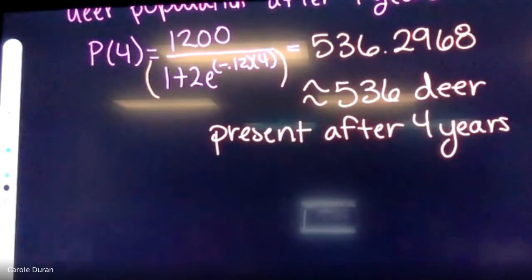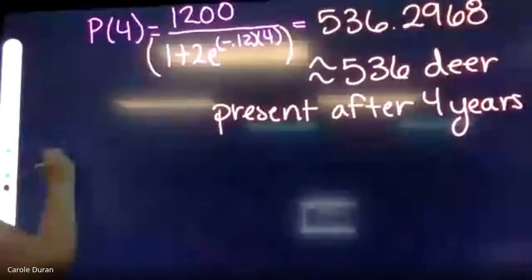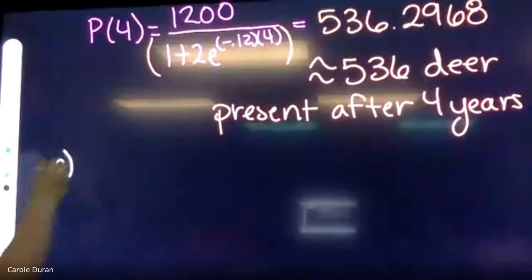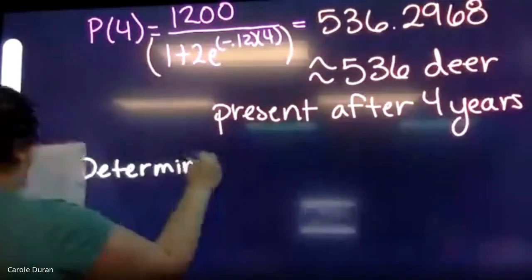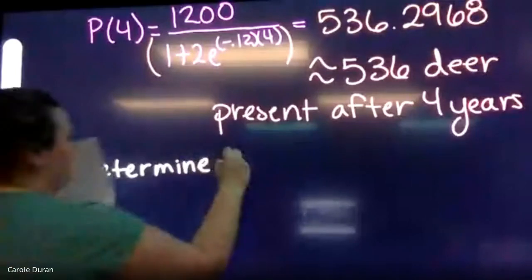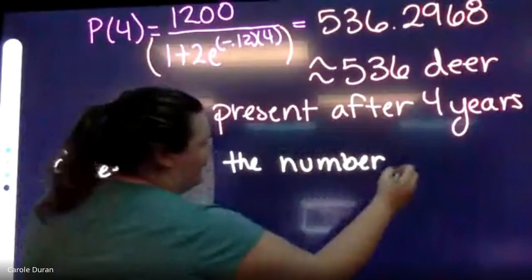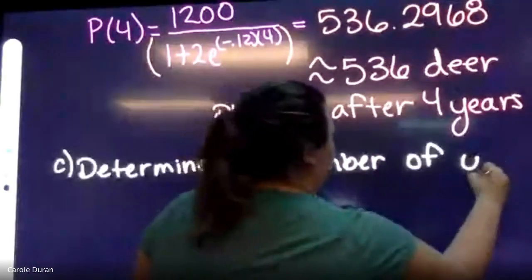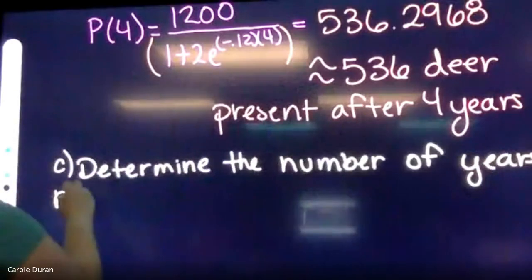I think I'm feeling okay. So this is part C. But they all have A, B, and C. Not all of them, I don't think. So we're gonna have 15 problems.